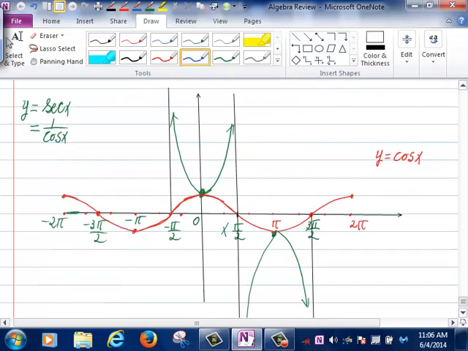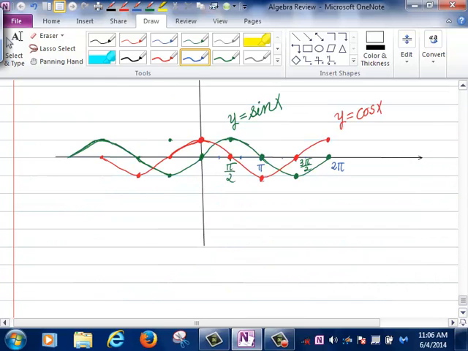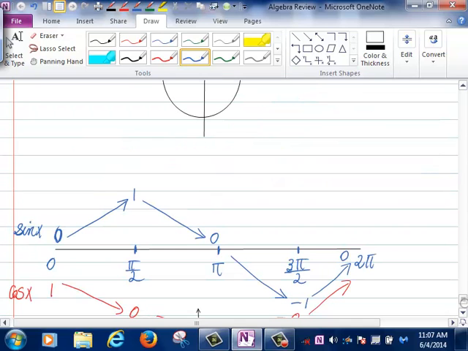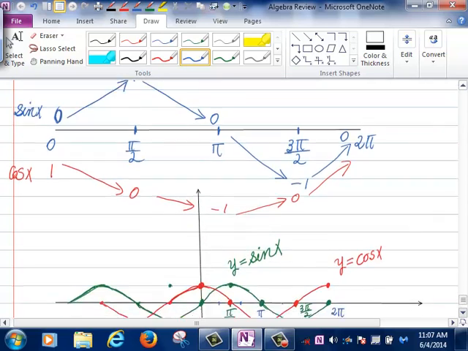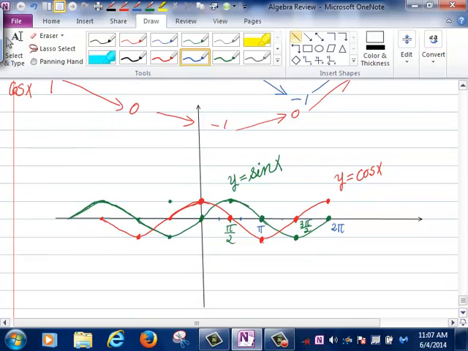Yeah, except that you're going to now work with the graph of sine, right? The graph of cosecant, and let me just show you one step there. Wherever sine is 0, cosecant will have a vertical asymptote, okay?